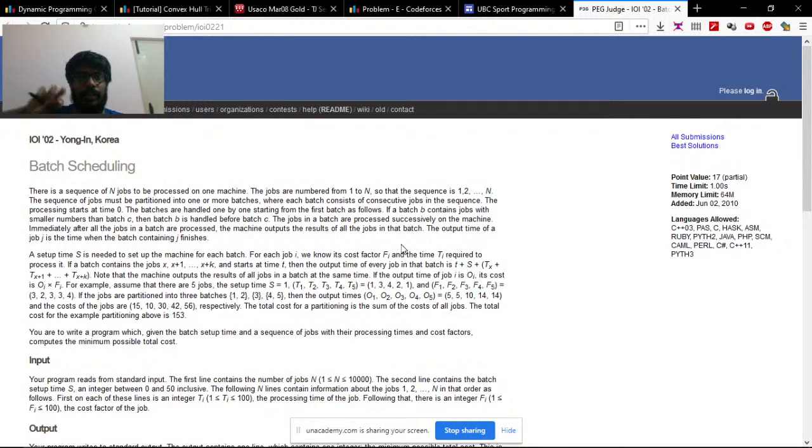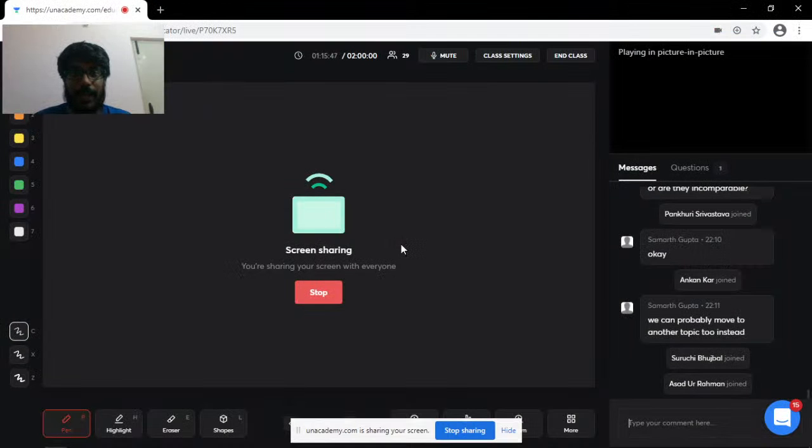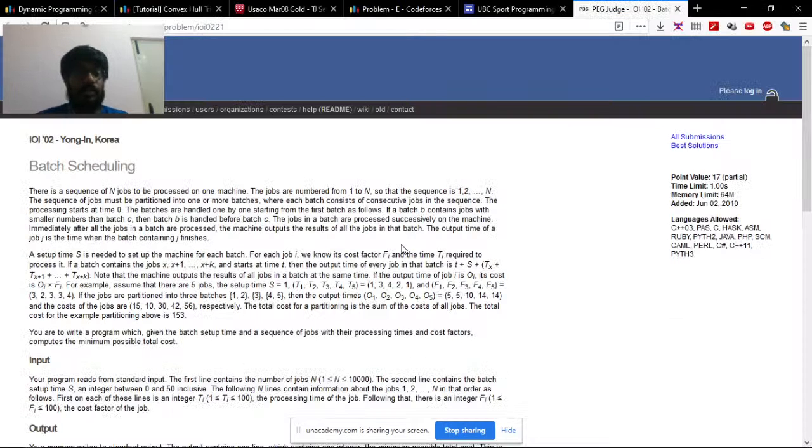So that is the one-way pull. You want to keep the batches as small as possible so that the multiplicative thing remains smaller. But as you keep the size of batches small, the number of batches has to increase, so the number of times S is added increases. That's the other way pull. And the goal is to figure out how you manage this tug of war.